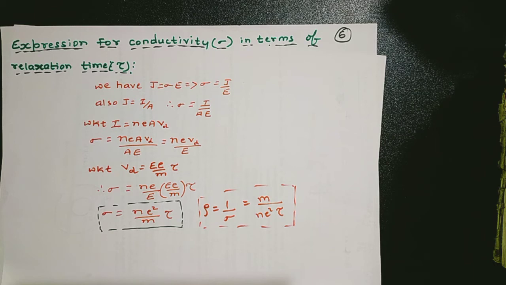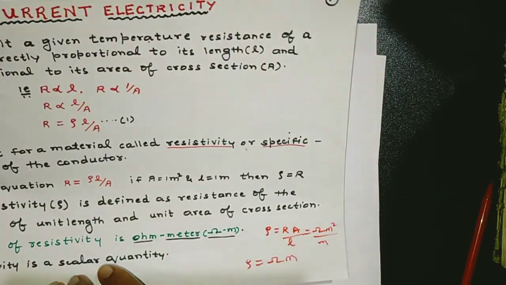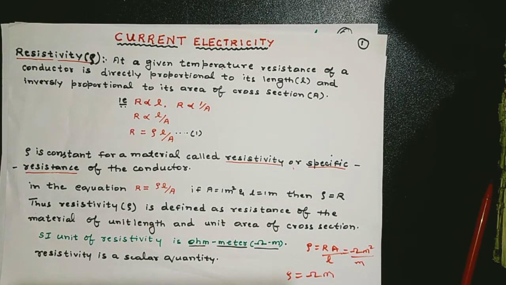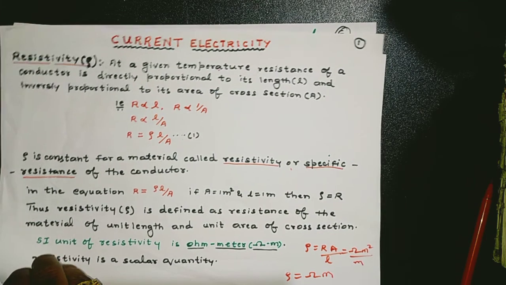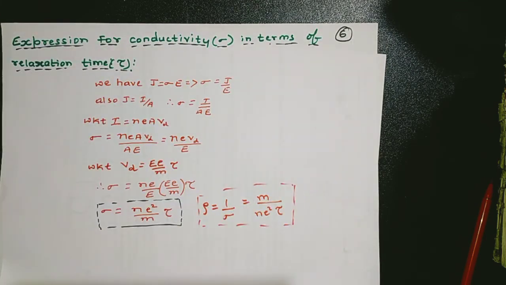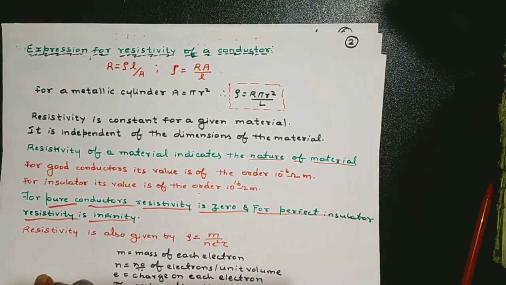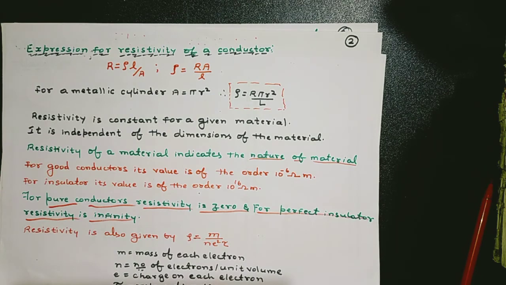So today what we discussed, we shall recall once. First we considered resistivity. We defined resistivity, then the SI unit of resistivity also. Next to this, we considered the expression for resistivity of a conductor.